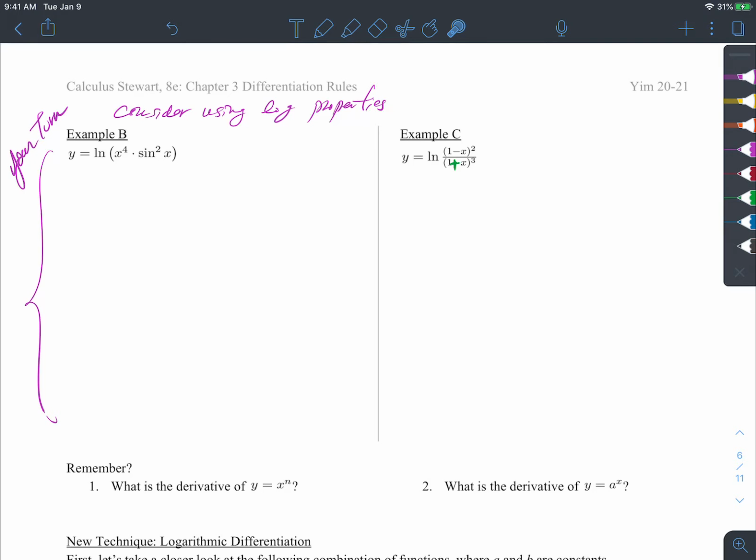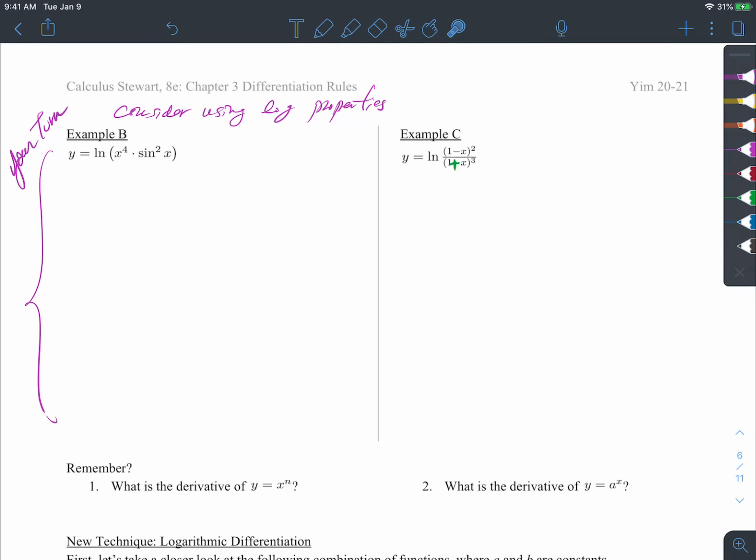So instead, what I want you to do is use the log properties, if you can remember what those are. If you don't remember them, you should look them up. And then split this up using the logarithm properties, and your problem will be much, much easier.